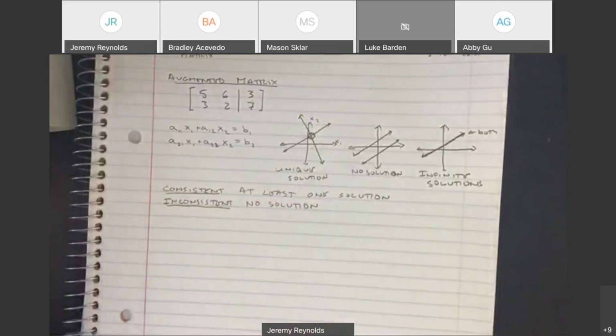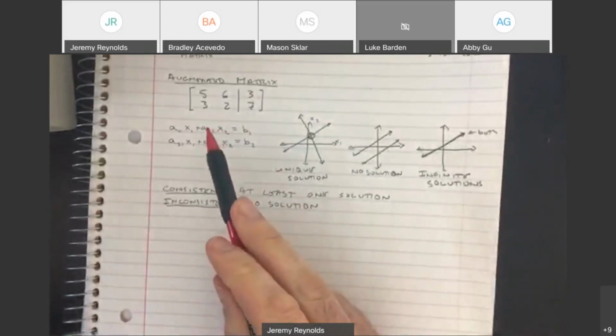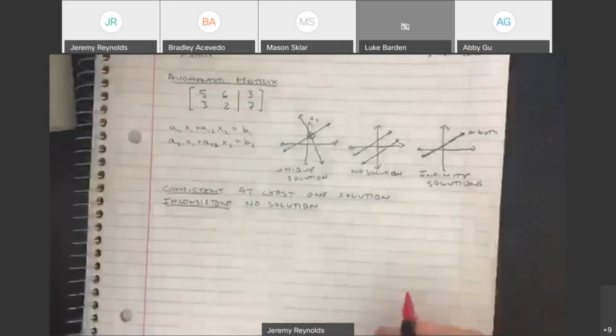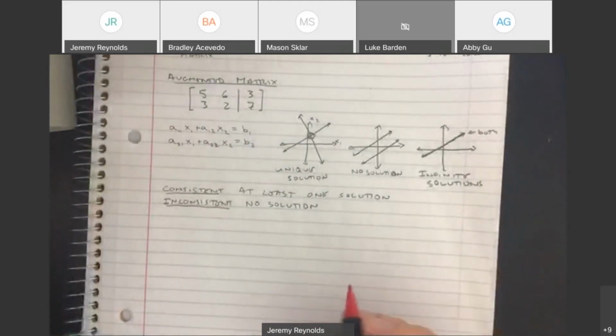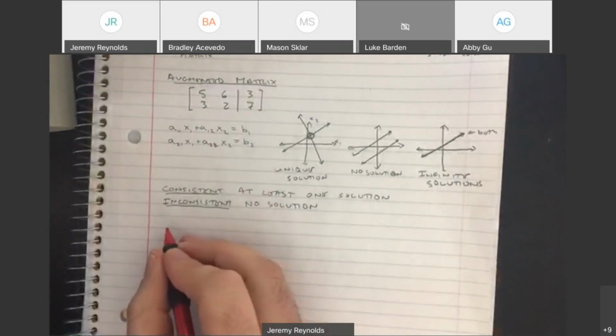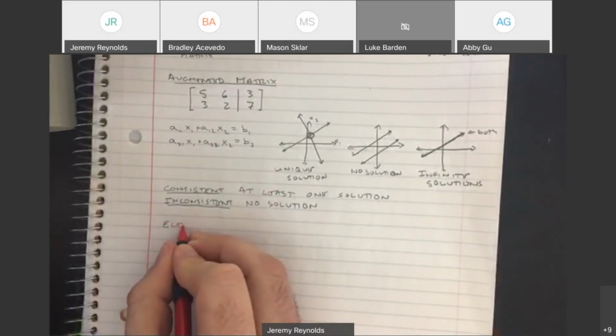Okay. Now, how do we solve this augmented matrix? In order to solve the augmented matrix, we use a few tools, which I'll describe briefly. We make use of what are called elementary row operations.